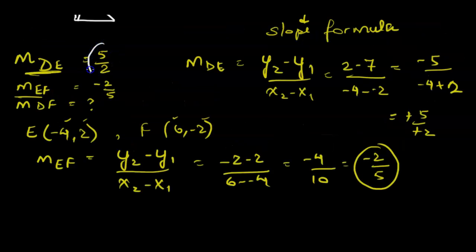Now looking at these two slopes, we see that they are negative reciprocals of each other. We need not even work on the third slope.